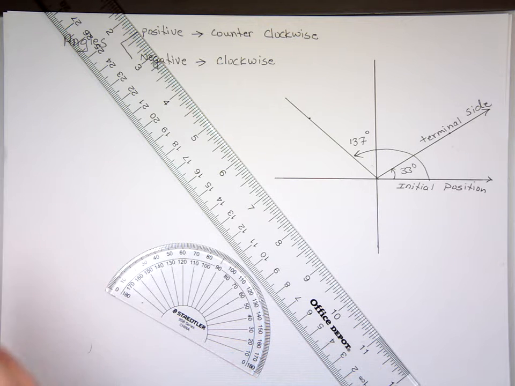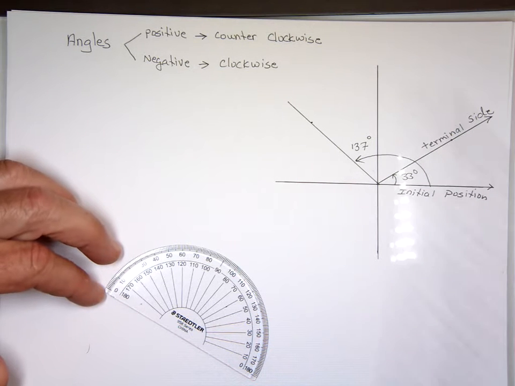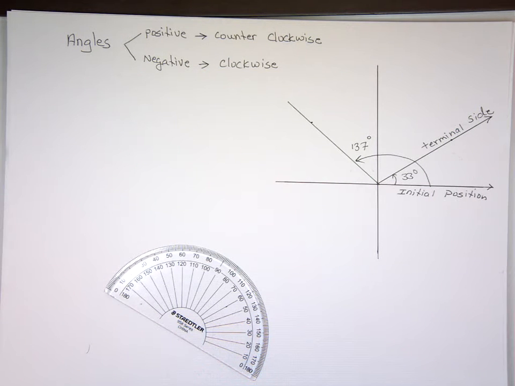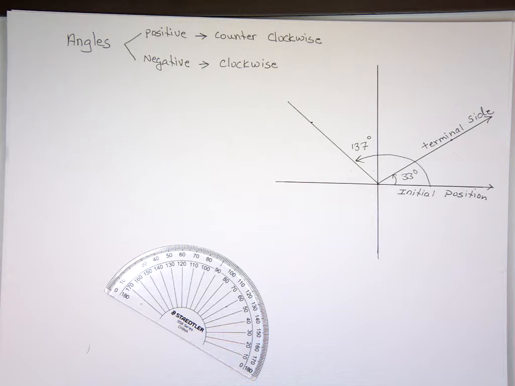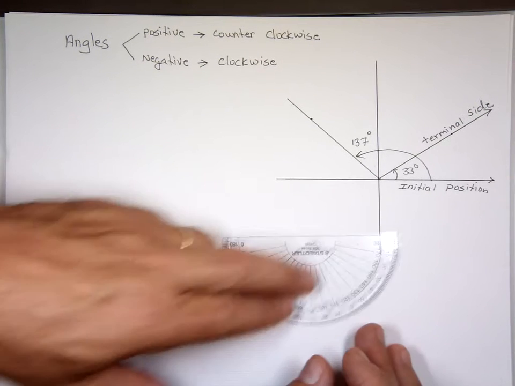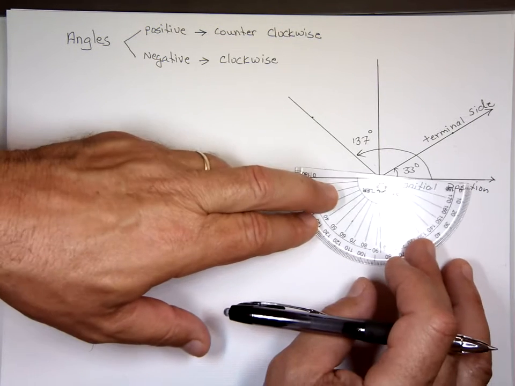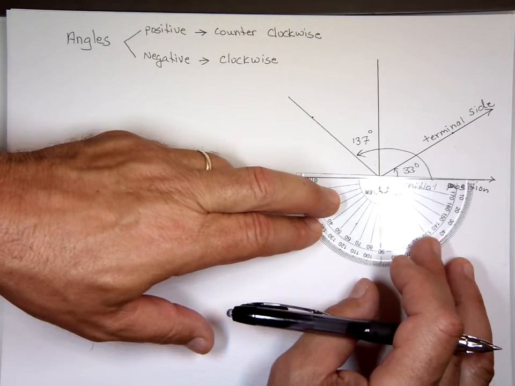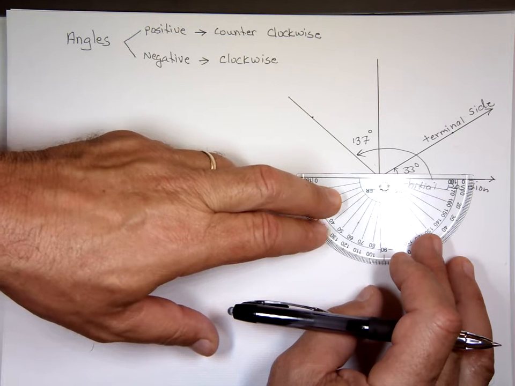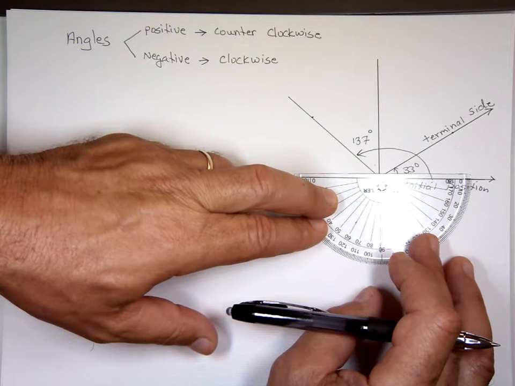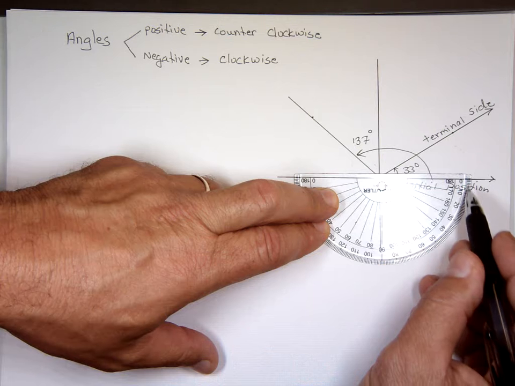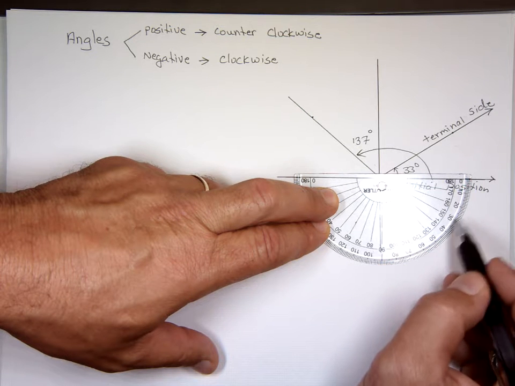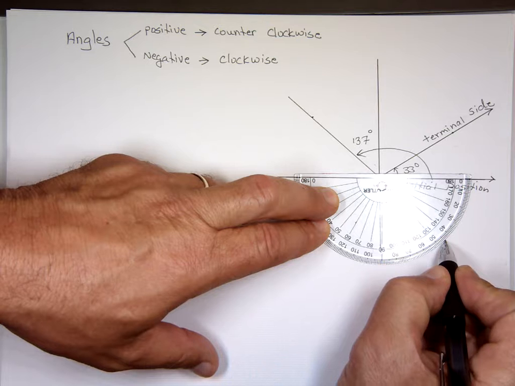What about angle negative 45? Where's the negative 45? We gotta go which way? Clockwise, right? To be a negative angle, you have to go clockwise. Where's the negative 45? You gotta turn your protractor upside down. You gotta lay it upside down. 10, 20, 30, 40, I want 45, it's right here.